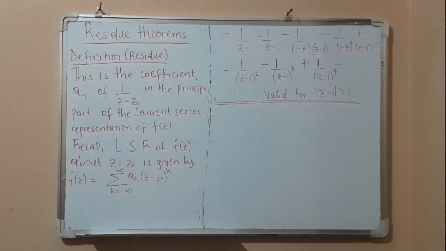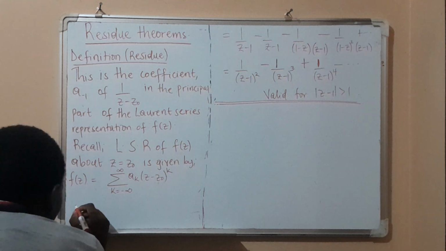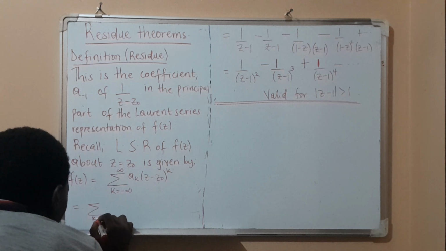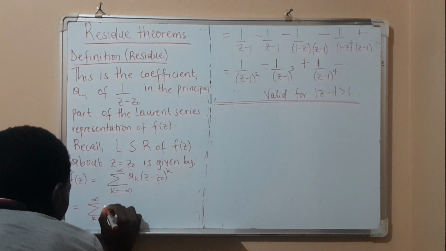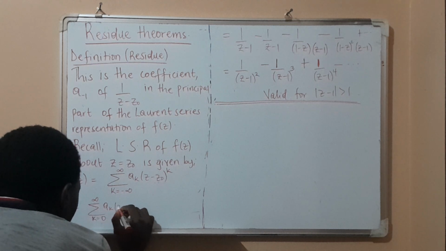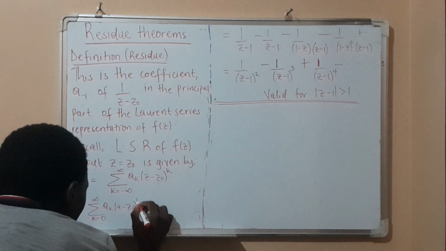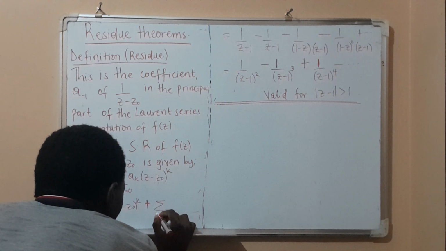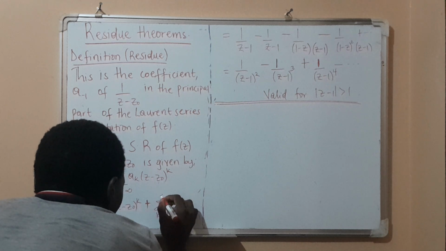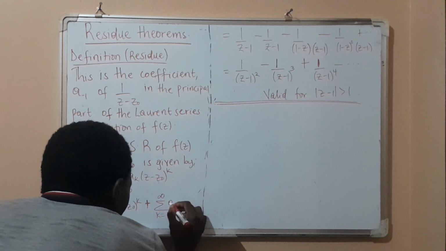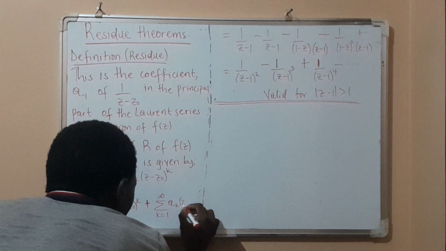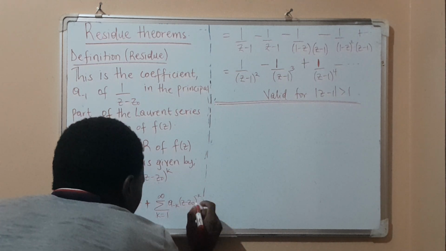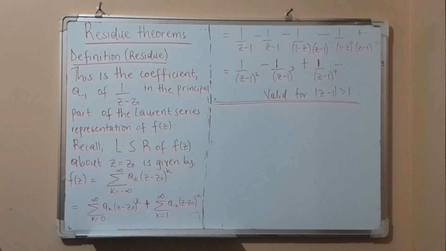So we said that we can write this as summation from k equals 0 up to infinity a_k (z minus z naught) power k, then plus summation k equals 1 up to infinity a_-k (z minus z naught) power negative k.